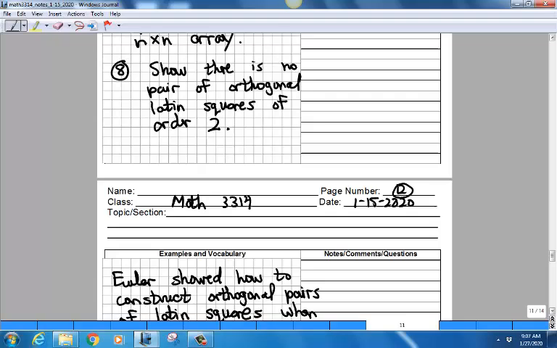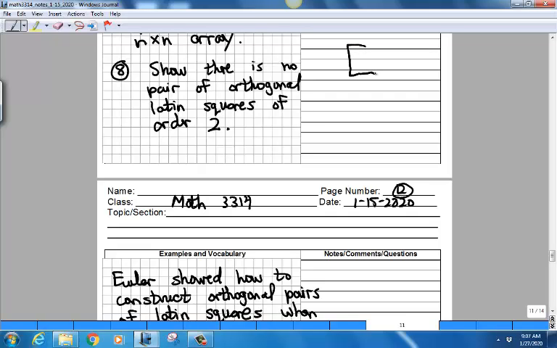So if you have orthogonal Latin squares of order 2, you have to have some combination of just those 2. See if you can quickly demonstrate why there are no orthogonal Latin squares of order 2.